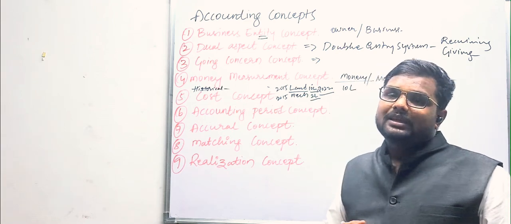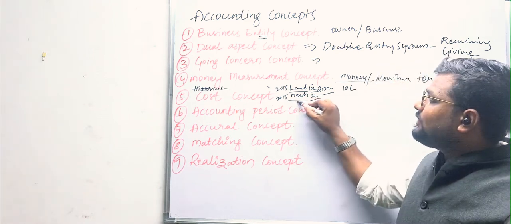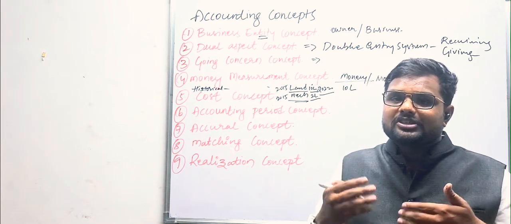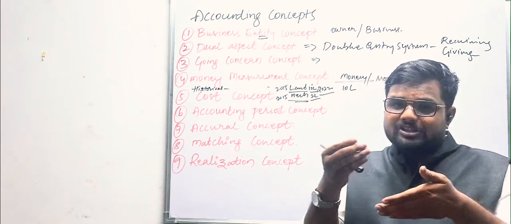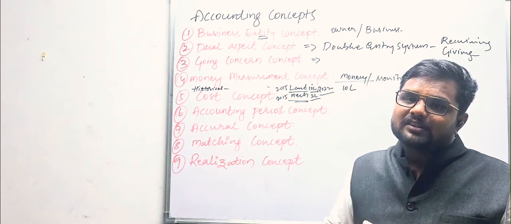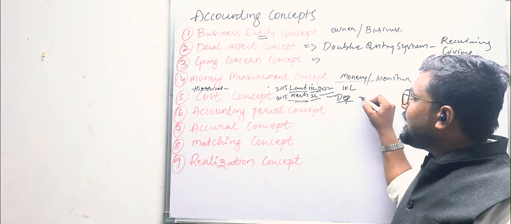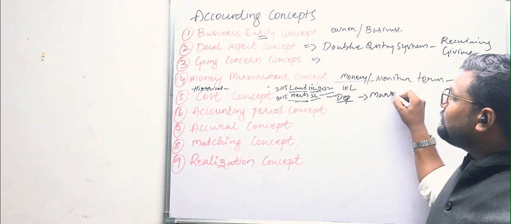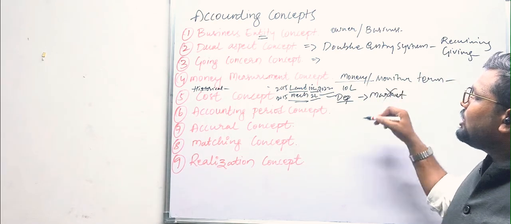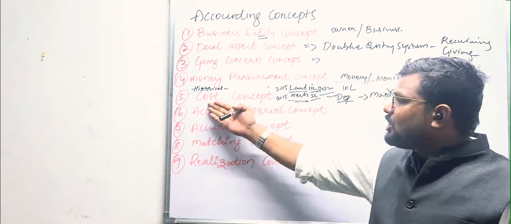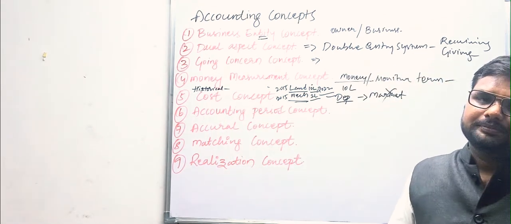But one thing, for machineries we charge depreciation because year by year the machine is used and depreciation is charged. The depreciation is charged, but market value is not recorded. So that is the cost concept.